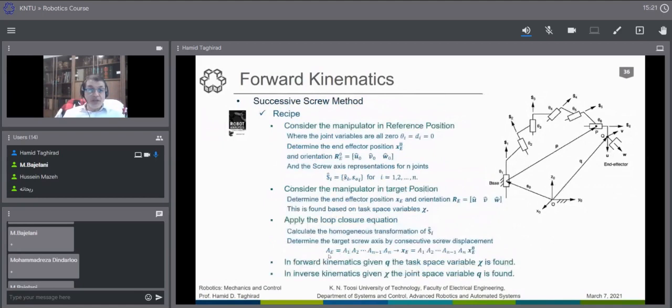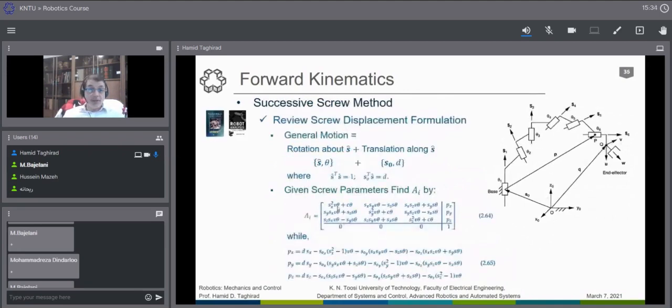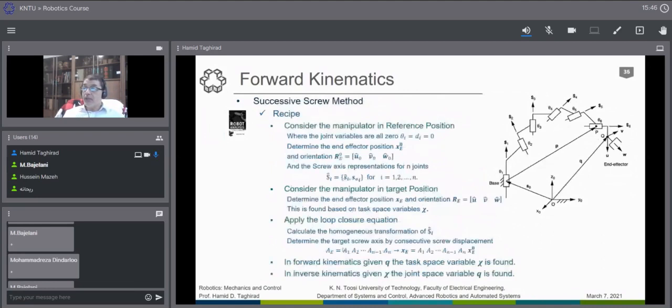We know that the orientation of the end effector can be successively found by the orientation of successive screws, in which, as we mentioned here, the theta parameter or the d parameter, depending on having a prismatic or rotary joint, or some joint variables.